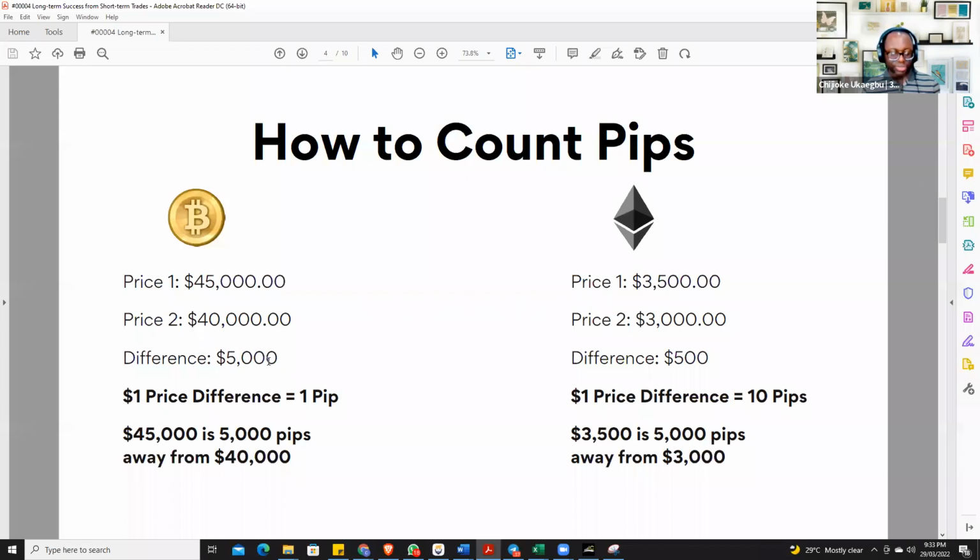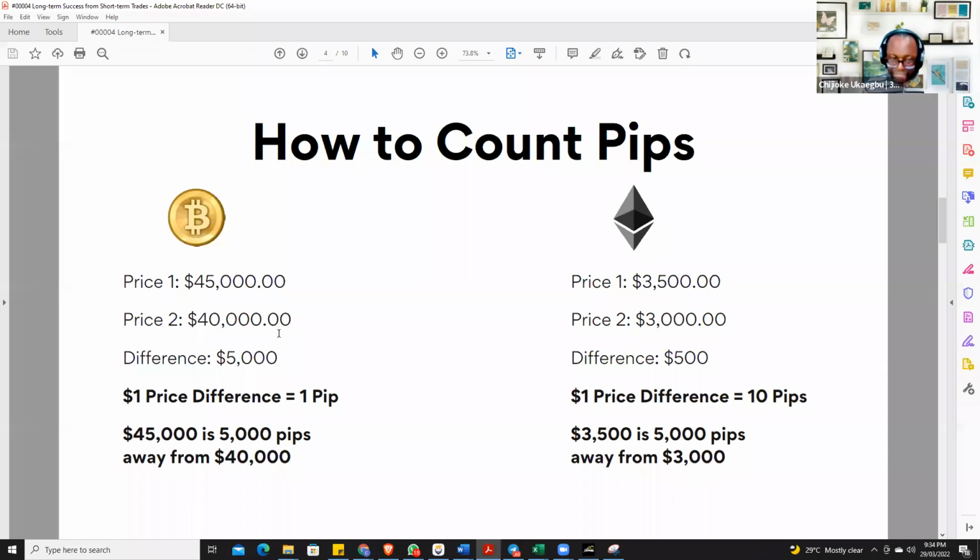So that's $5,000. What you need to be aware of is that in Bitcoin, a change in price of $1 is equivalent to 1 pip. So since we have a change here of $5,000, the distance in pips between price 1 and price 2 is 5,000 pips.